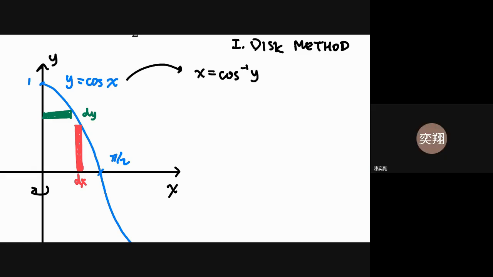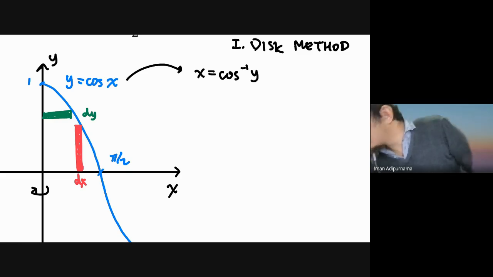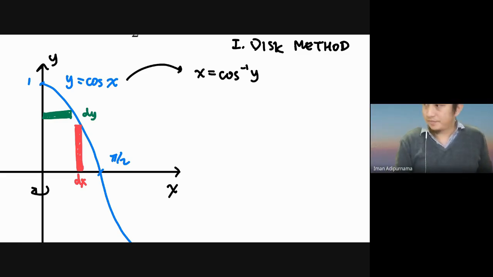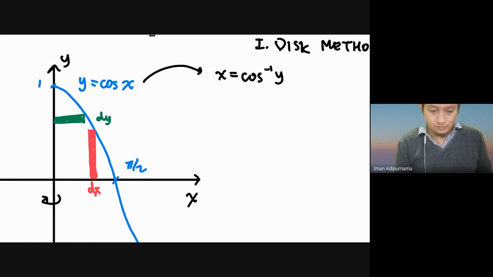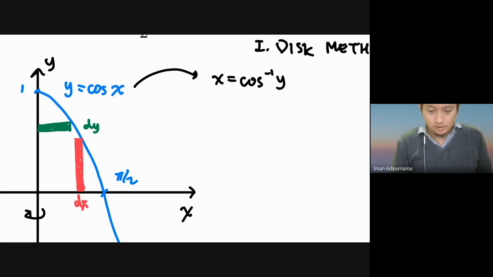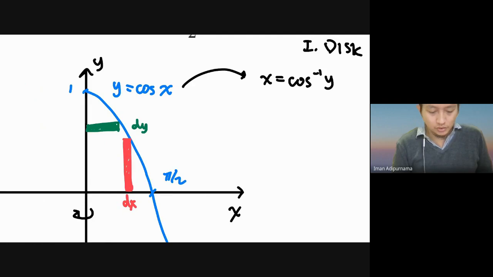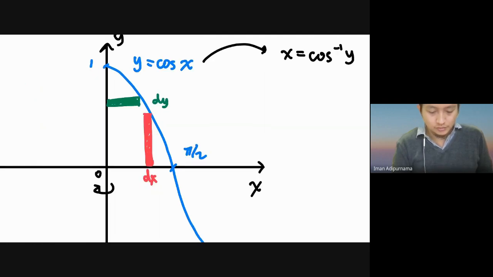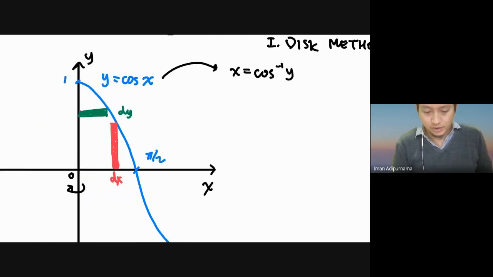And how? I think someone needs to mute the microphone. And yeah, if we are going to do this method, going to the cosine inverse y, we are going to evaluate from 0 to 1 for the y-axis, right?